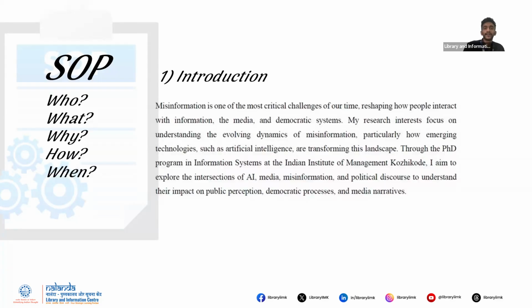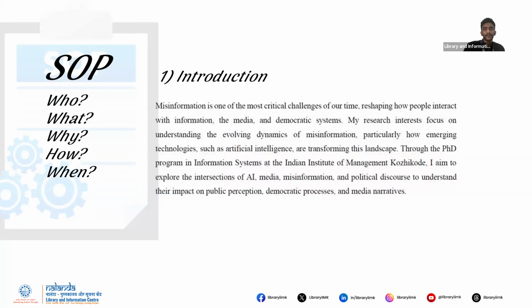When it comes to the first paragraph, this is actually a sample of an SOP I have written. Here you can give a brief idea about your research background and your research interest.